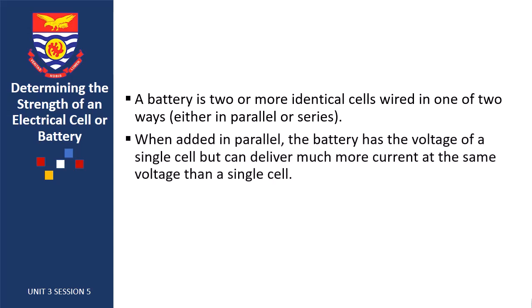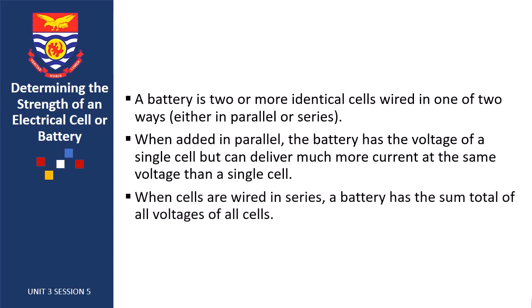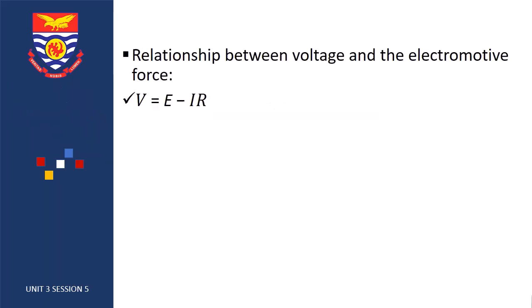When we add cells in parallel, the battery has the voltage of a single cell, but the advantage is that it can deliver much more current at the same voltage than a single cell. When the cells are connected in series, the battery has the sum total of the voltages of all the cells in the circuit.